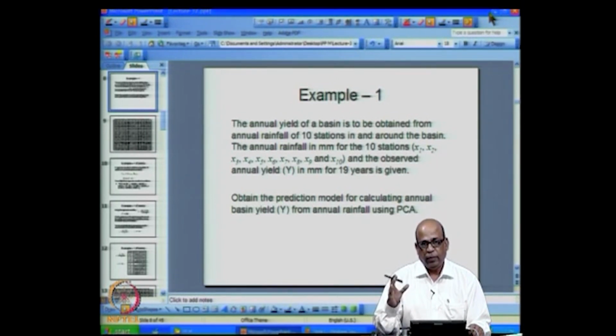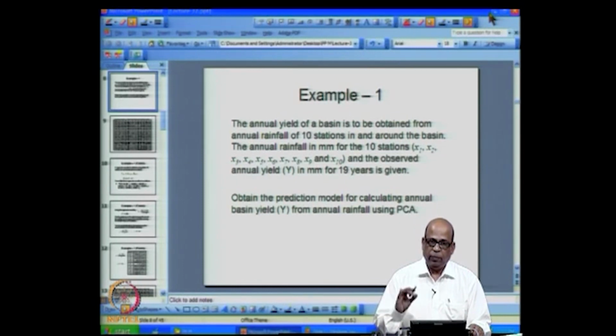Once you have the data matrix x, which is n values corresponding to each of the p variables, which means it is an n by p matrix, we calculate the covariance matrix from this. That means the covariance of p variables with p variables. So, we get a p by p matrix of covariances.